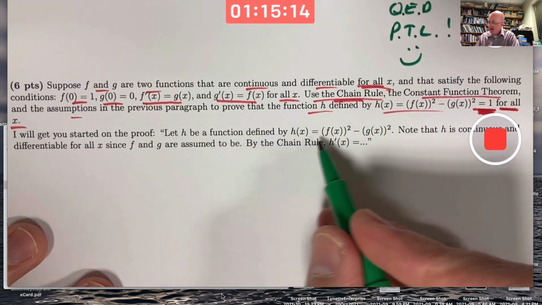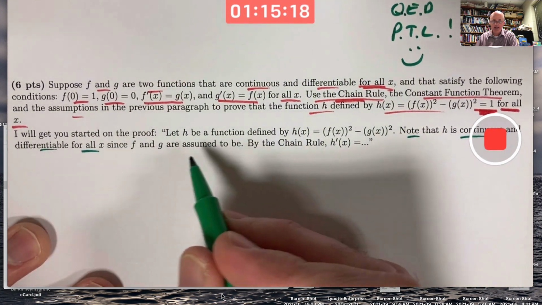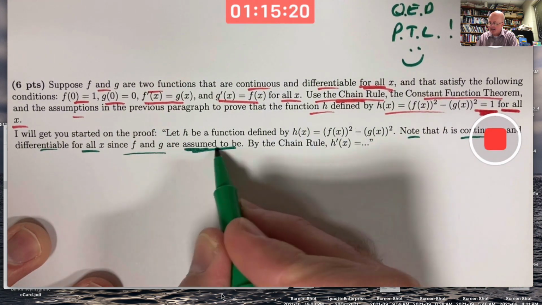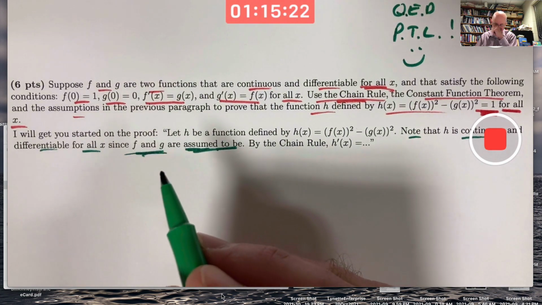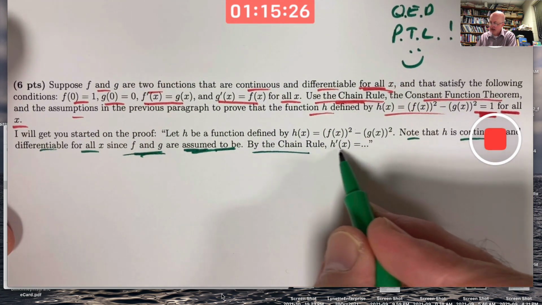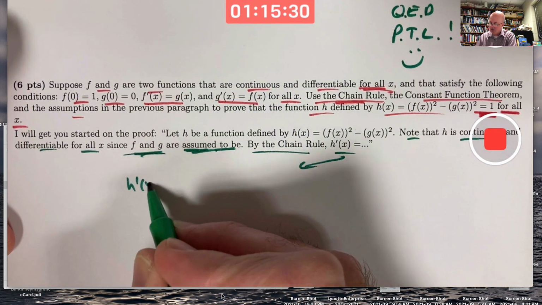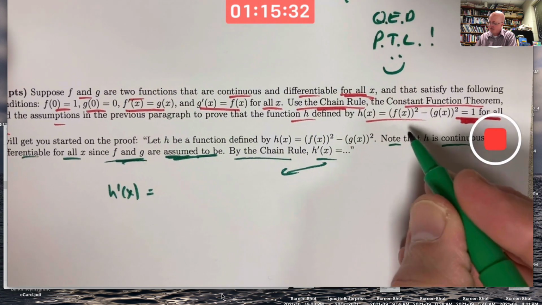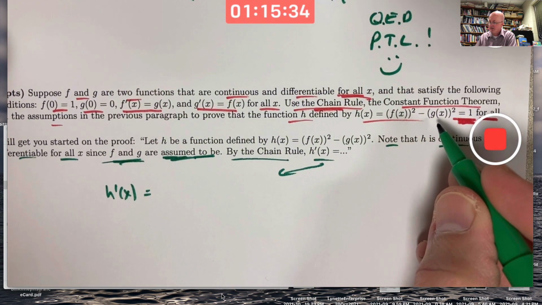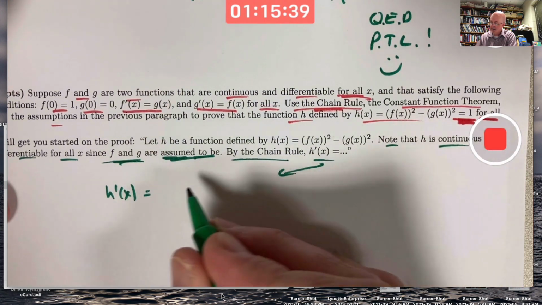Let h be a function defined by that formula. Note that h is continuous and differentiable for all x because I'm assuming f and g are. Okay, that's an abstract assumption I'm making. By the chain rule, h prime of x equals, I need to differentiate this difference using the chain rule and technically linearity of the derivative too, because of the minus sign.